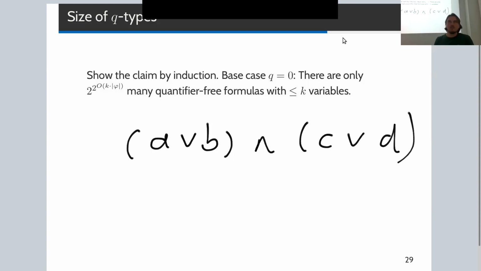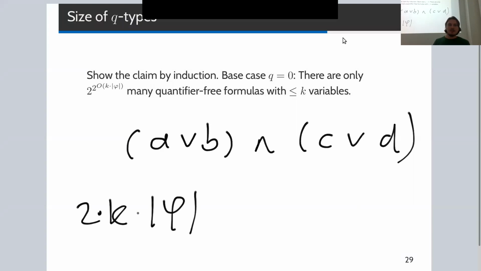And these atoms, A, B, C, D, they are of the form either two vertices are adjacent or non-adjacent, or it checks the colors of the vertices. So we have only k variables and only phi many colors. So the different number of atoms that this CNF formula can have are at most k times phi, and there are negations, maybe 2 times this much are there.